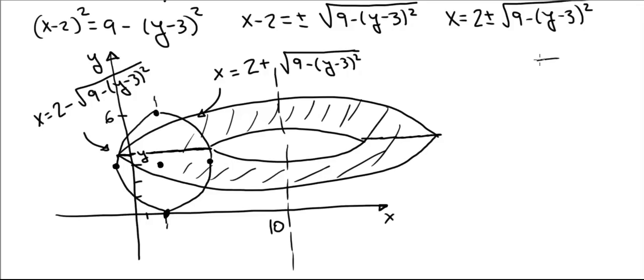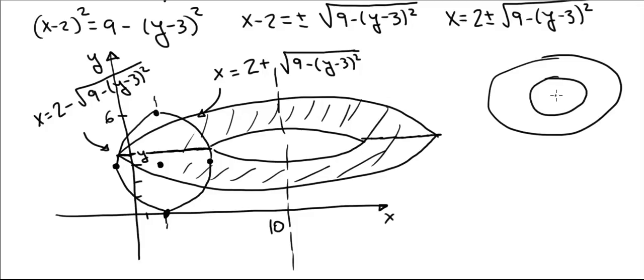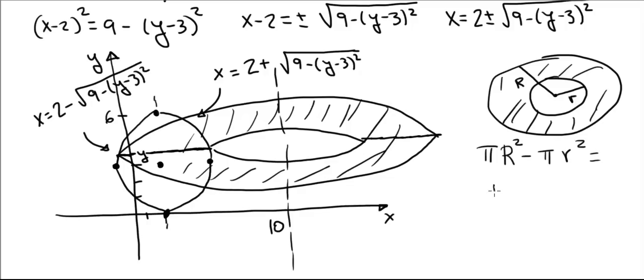Recall that when we have a washer, any washer, we have a small circle, let's say its radius is little r, and a big circle, let's say its radius is big R. Then the area between the two circles is pi R^2 - pi r^2, or pi times the quantity R^2 - r^2.